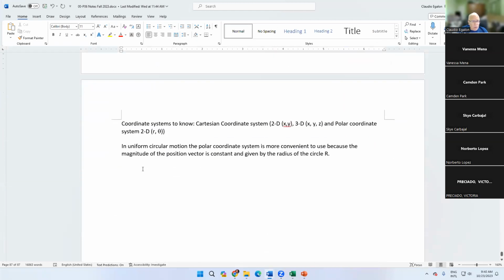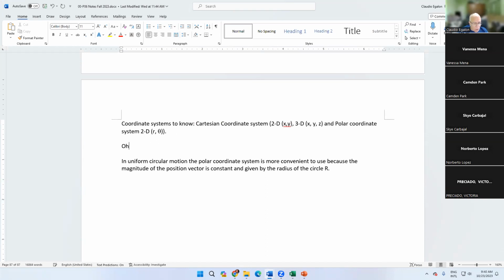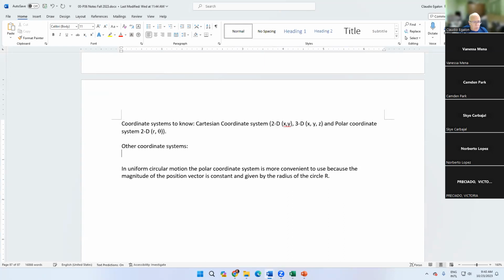Other coordinate systems. 3D polar, also referred to as the cylindrical coordinate system.